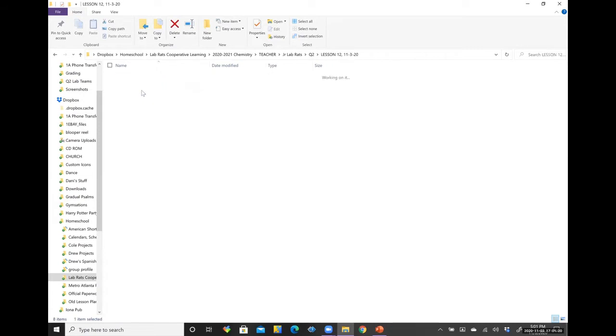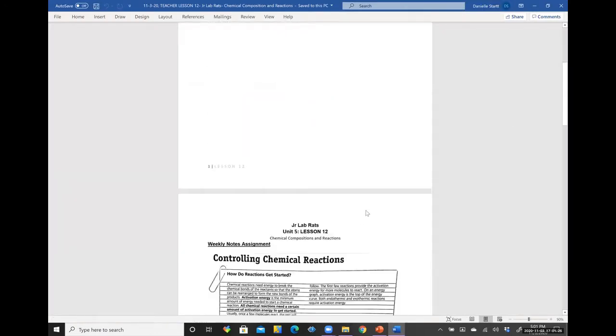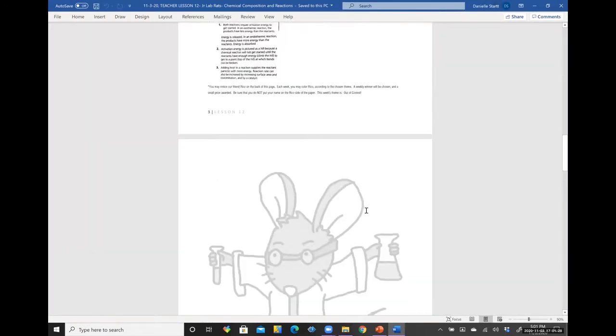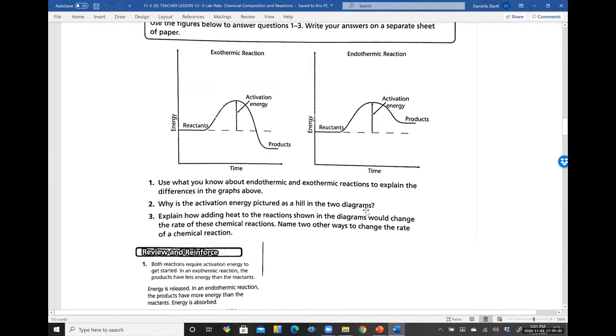Okay, here we go. For your homework, you guys had two graphs. One was an endothermic reaction, one was an exothermic reaction. So here's how these function. When asked the question, use what you know about endothermic and exothermic reactions to explain the differences in the graphs above, what you're going to notice is that both of these reactions are going to require activation energy to get started.